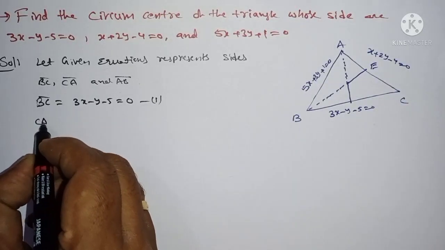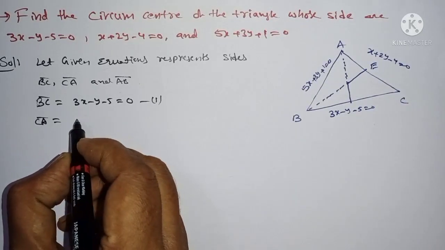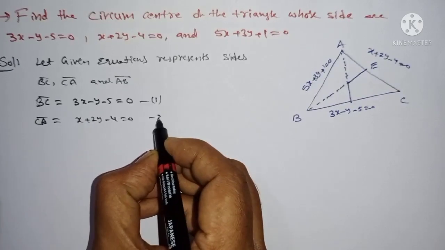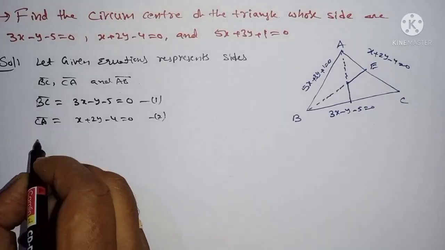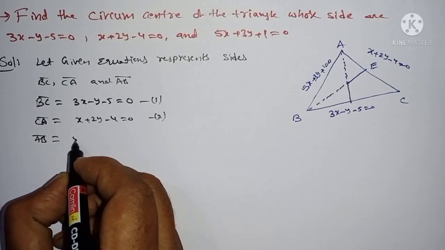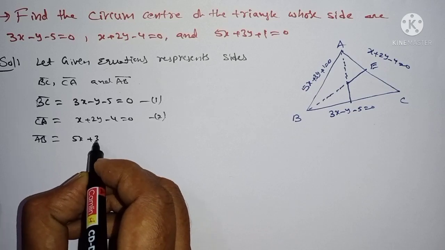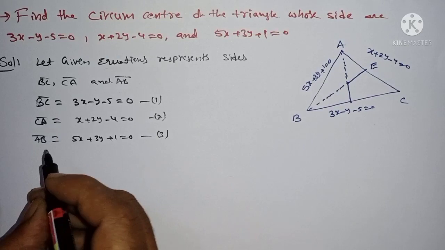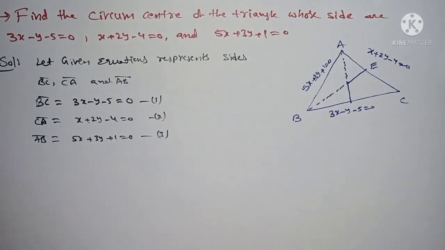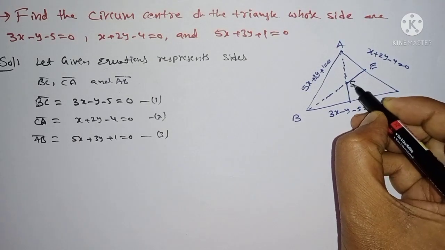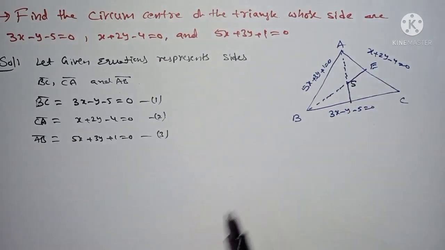Similarly, CA: x plus 2y minus 4 is equal to 0. This is the second equation. And the last one, AB: 5x plus 3y plus 1 is equal to 0. This is the third equation. From these 3 equations, you can find the vertices A, B, C.